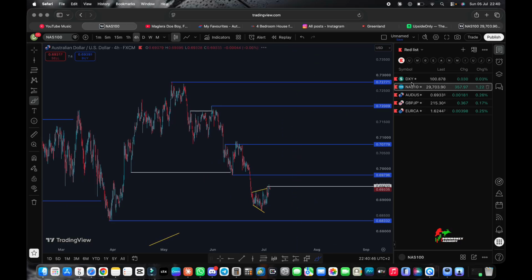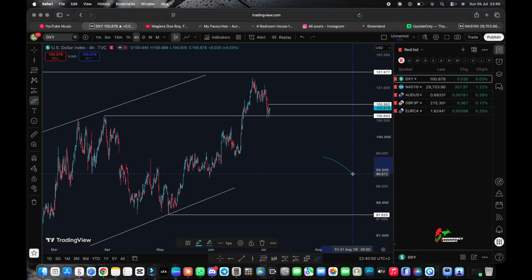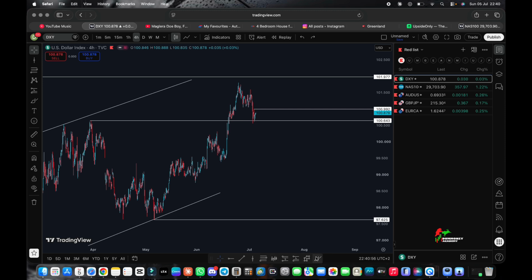We do know now that on the dollar index, we are specifically looking for the dollar to gain strength, right? And when the dollar gains strength, it's going to gain strength towards these high areas.